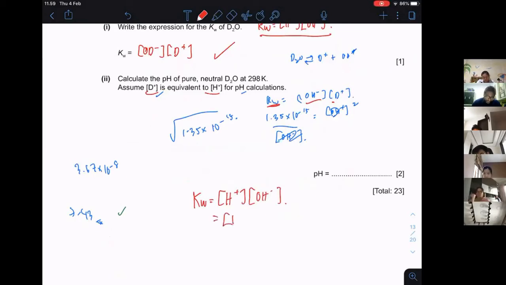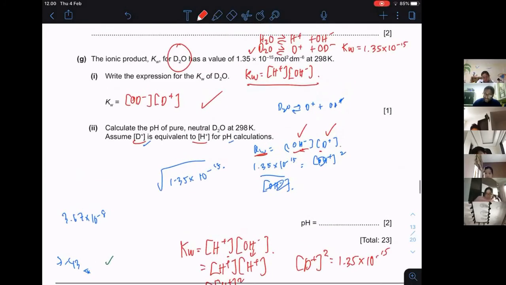So what we do is H plus, then we say another H plus because this is going to be the same. So you are going to have H plus to the power of 2, then you can calculate the pH. But in this case, you just do the same thing. So you have OD minus and D plus. The OD minus is the same as D plus, similar to this. So you are going to get D plus to the power of 2 is 1.35 times 10 negative 15.